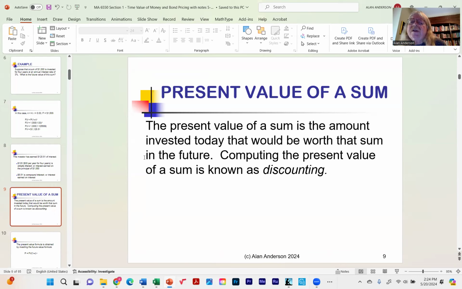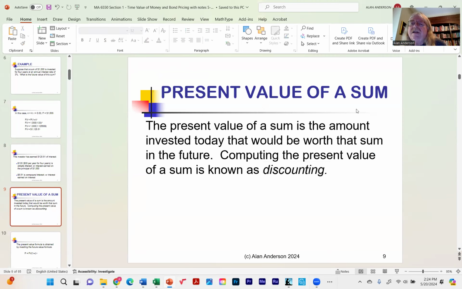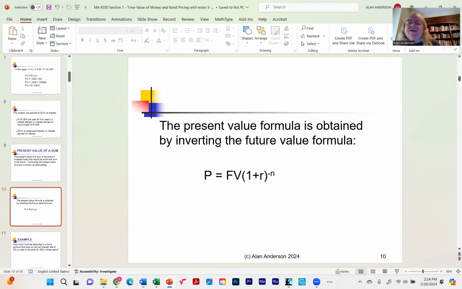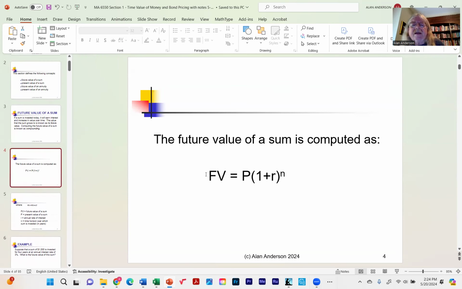Okay, so what we're doing here is the opposite of compounding. This is called discounting. And as it turns out, all we're going to do is algebraically rearrange that same formula to solve for PV. In fact, you can see that's exactly what's happened here. Let me just go get the other one back.